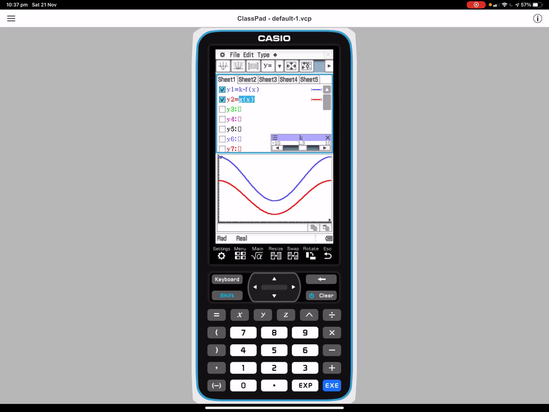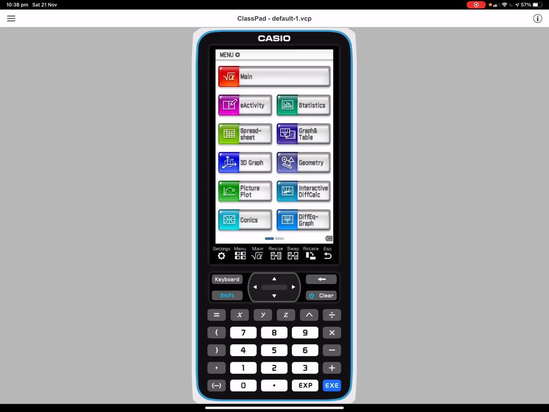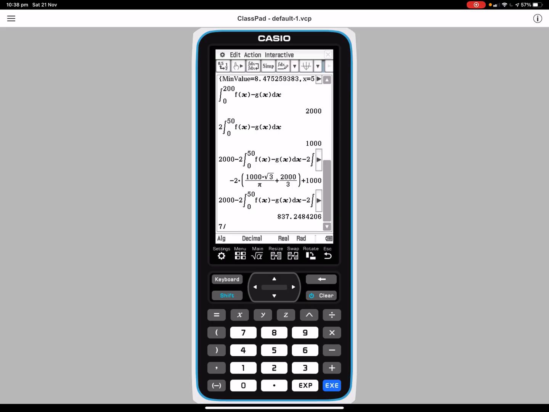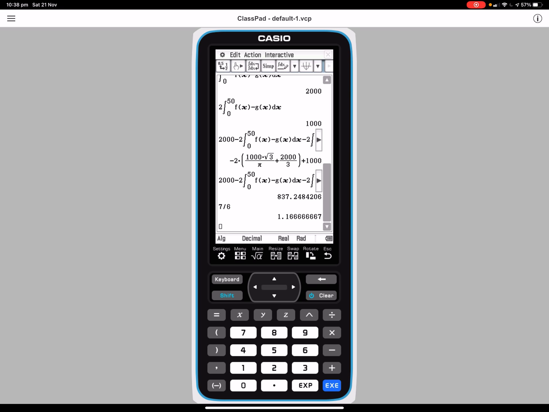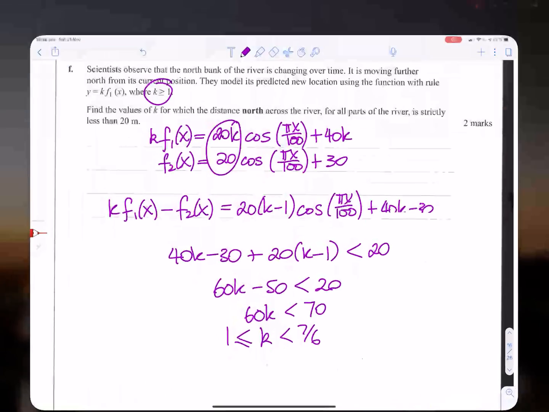Actually, we could do k of f of x minus g of x, sketch it, and we want to make sure that it's always less than 20, the difference. So you can see there's 1.1, it's less than 20. There's 1.2, it's greater. 7 over 6 must be less than 1.2, and it is. So that's going to be the right answer.